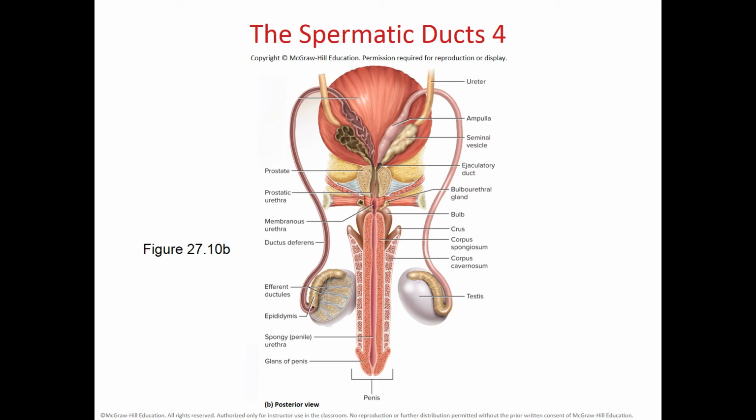So the sperm cells travel from the seminiferous tubules into the epididymis, into the vas deferens, into the ejaculatory duct, and then into nothing, and then into the urethra, prostatic urethra, and then into the penis. 7UP.